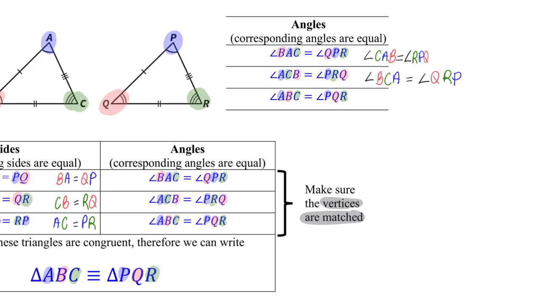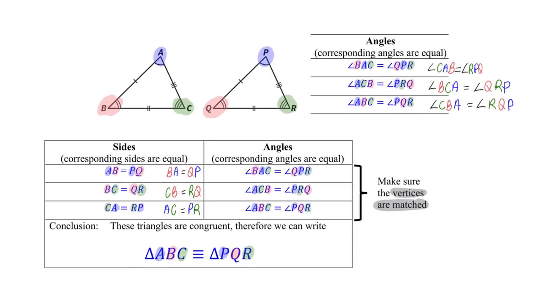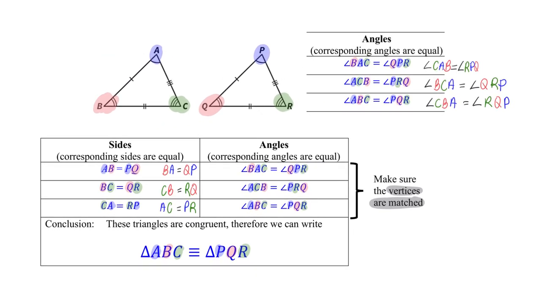And for the last corresponding angles, if I were to write angle CBA, then the corresponding angle would have to be written as RQP. Alright? And that's what I meant by make sure that the vertices are matched.